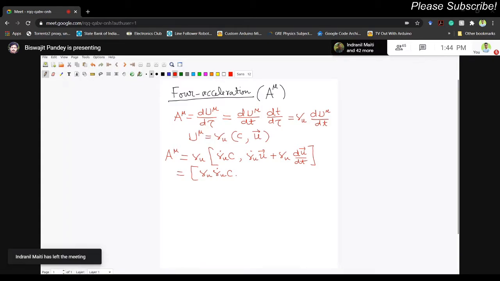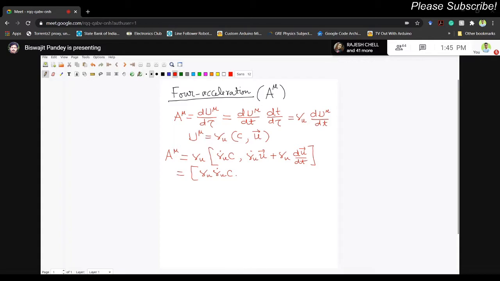That means minus half, 1 over 1 minus u square by c square whole to the power 3 half, and then inside bracket minus twice u by c square, and then dot, because it's a vector, du dt, or simply acceleration vector a, right? So minus 2 gets cancelled, minus and minus becomes plus, right?